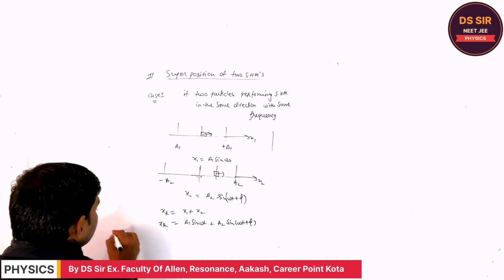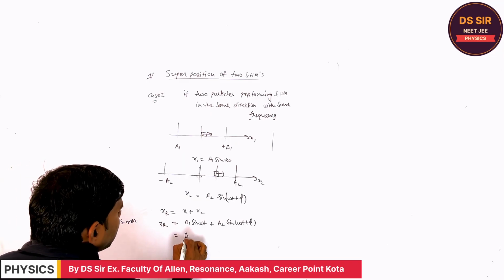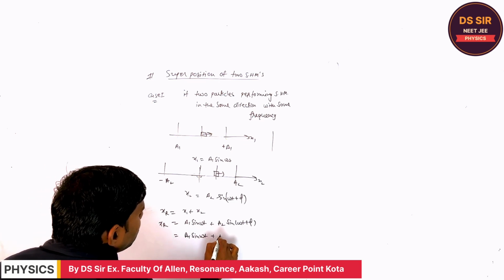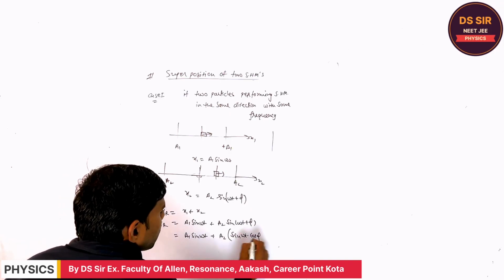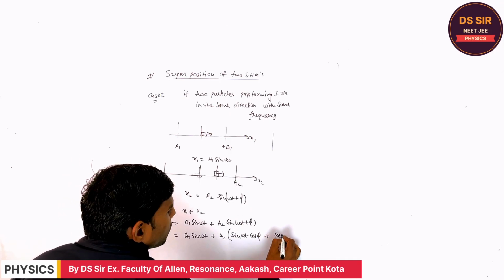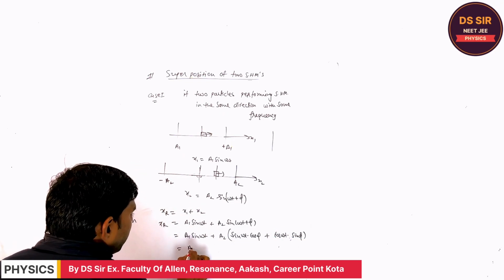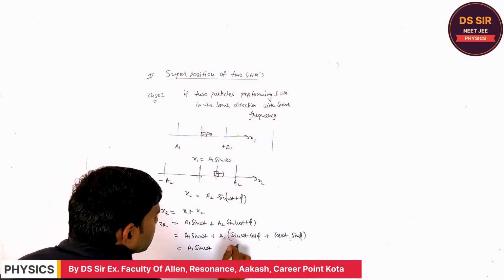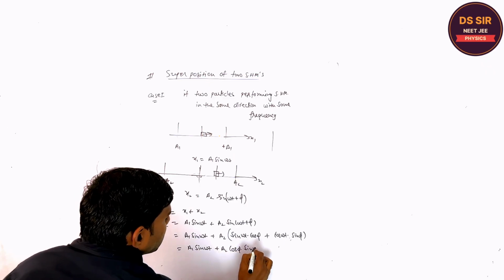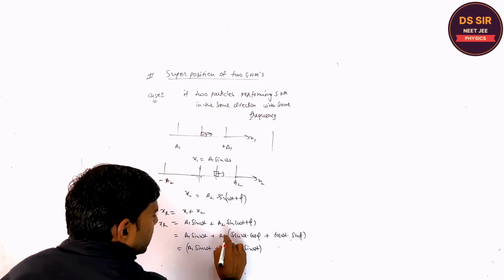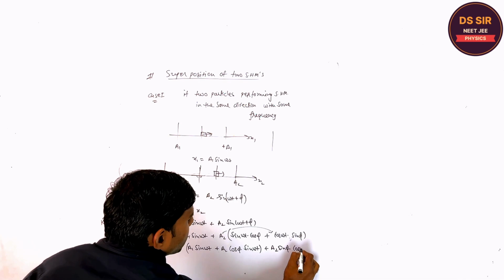Applying the sine a plus b formula, it is a1 sine omega t plus a2 sine omega t cos phi plus a2 cos omega t sine phi.